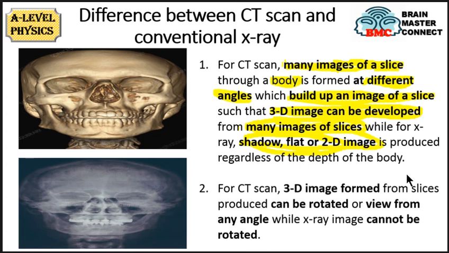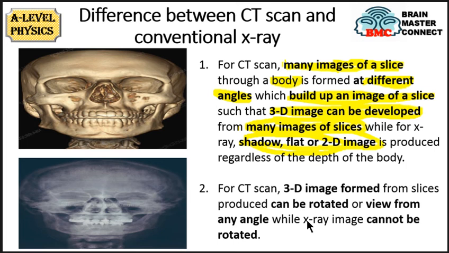So that alone distinguishes the potency of each of these scanners. The CT scan can give a 3D image since it can produce many images which are finally combined together, and that is as a result of a greater exposure of the body to X-ray beam. Why X-ray image involves a single exposure.